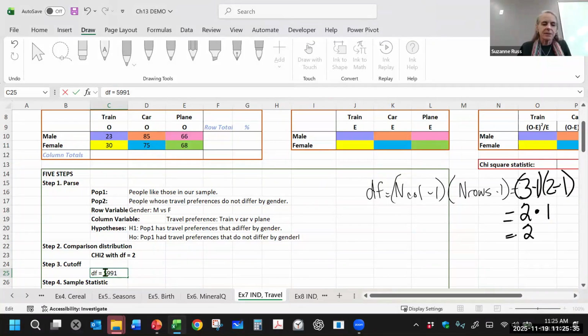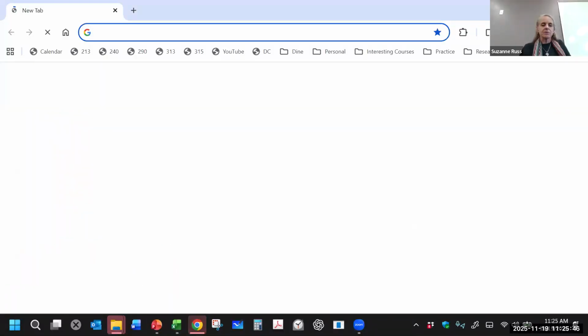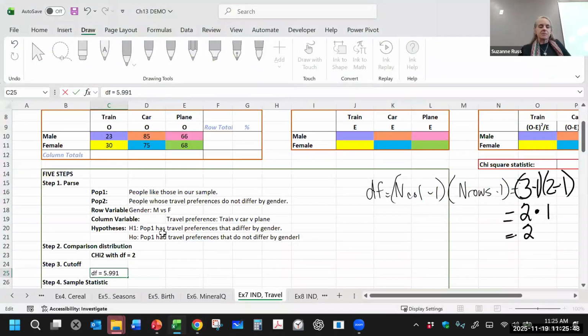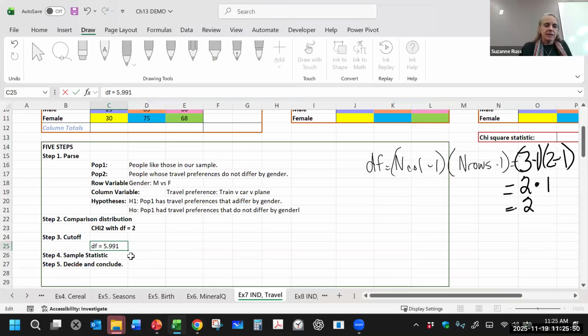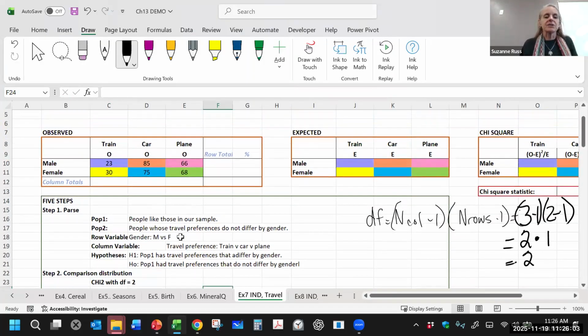Let me double check. 5.991. Okay, so let's go back into our spreadsheet. And that's not DF, that's our chi-square alpha is 5.991. Our sample statistic, we now have to go ahead and calculate.